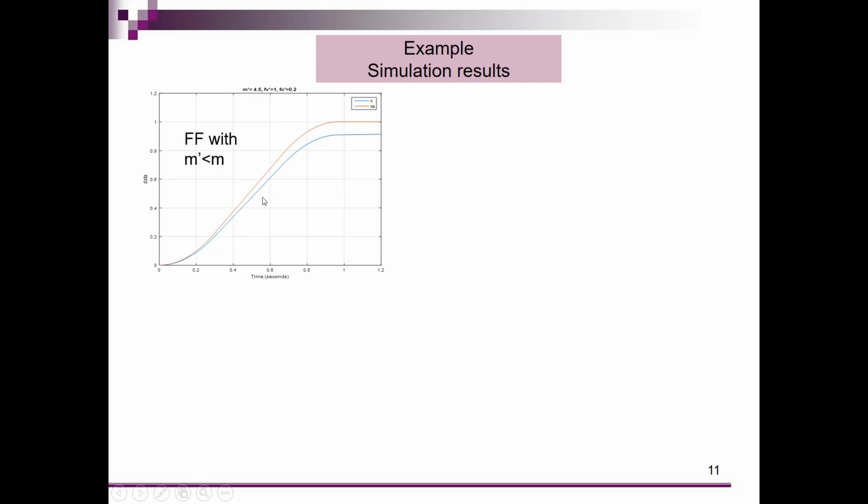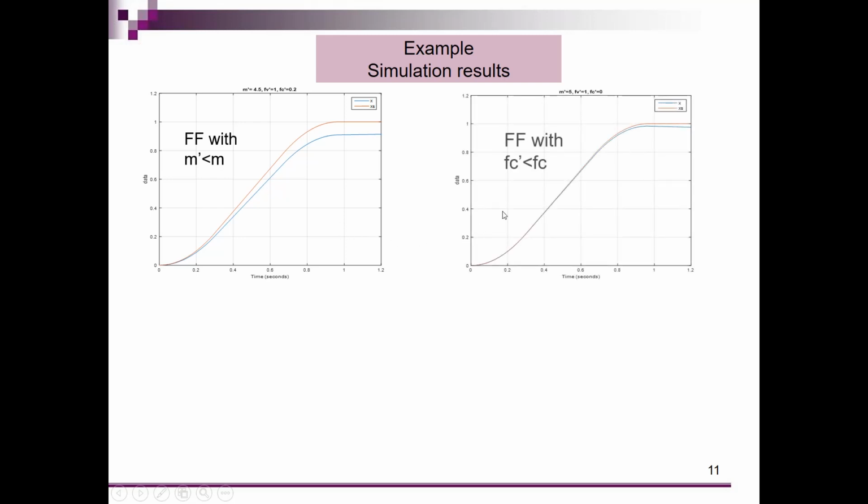But the tracking performance, well, it's quite nice. When we do the same with the friction feed forward, we set the mass to the nominal value, and we set the friction in my feed forward controller lower to the actual friction. We see even better tracking performance, and at the end we still have an offset, an end error over here.